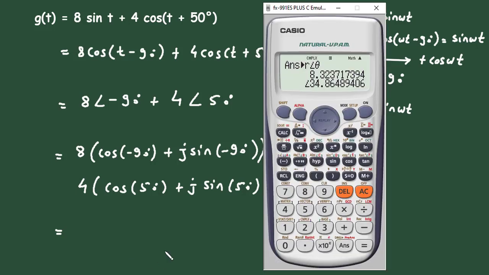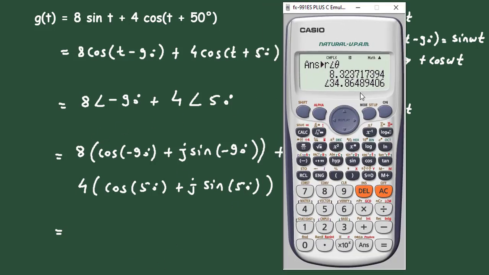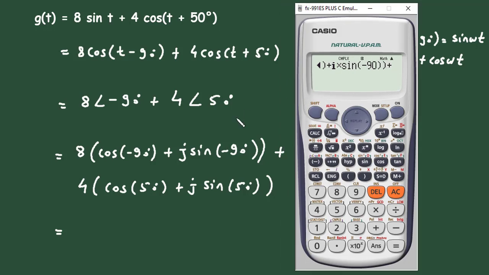It is equal to, we can solve this in calculator directly. So 8 in bracket cos minus 90 plus i into sine minus 90, bracket close, then plus 4 in bracket cos 50 plus i into sine 50, bracket close.